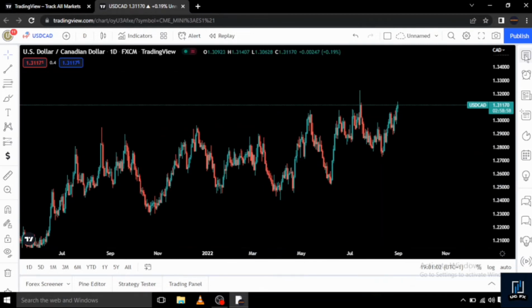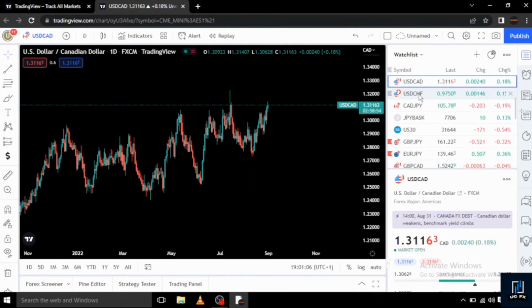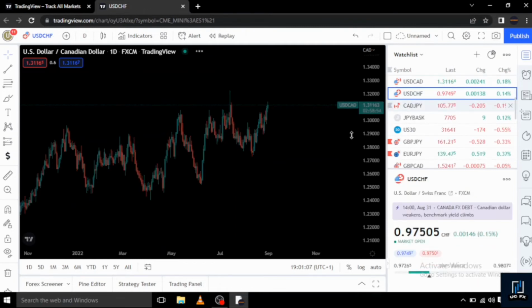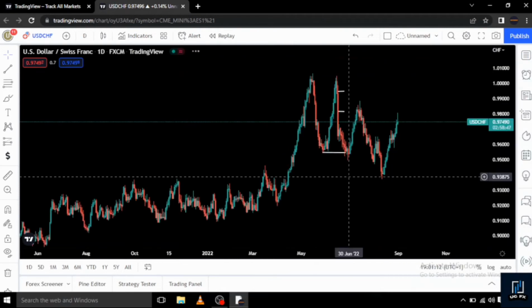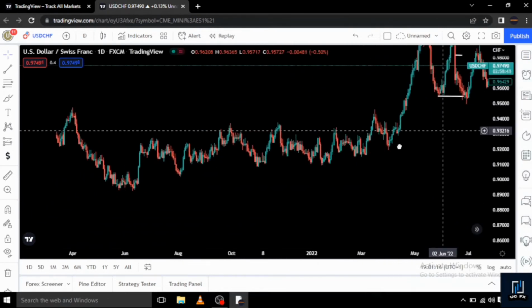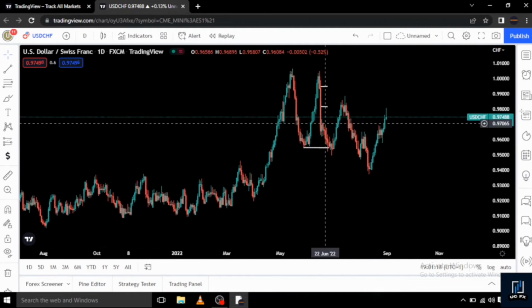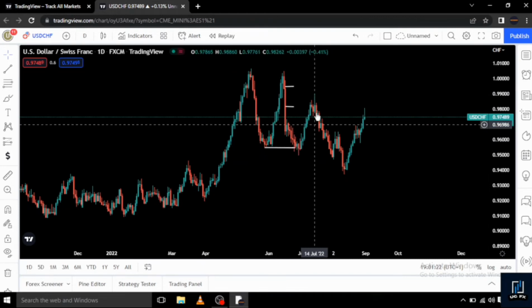And let's check the USD CHF. And here is the USD CHF. As you can see, it has been trending upwards, although the trend is actually trying to change to bearish. So we're having a little bearish trend here.